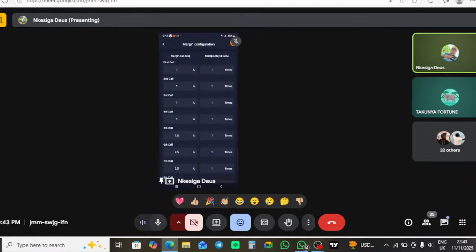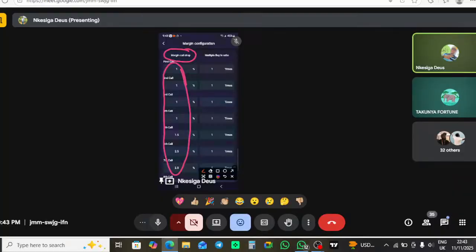This is the drop, this side here, where there is the word margin call drop. According to the analysis you did, what is your total drop? You have measured 8%. Now you can go with 10%.